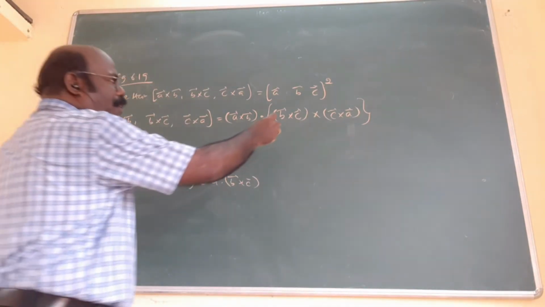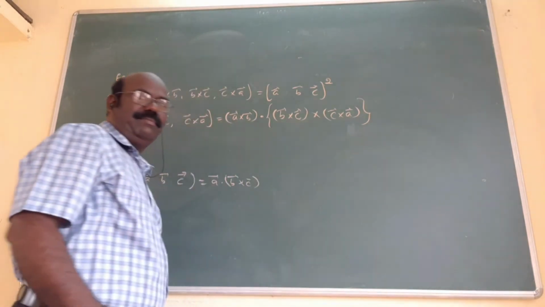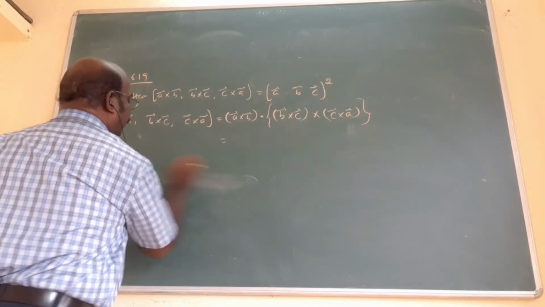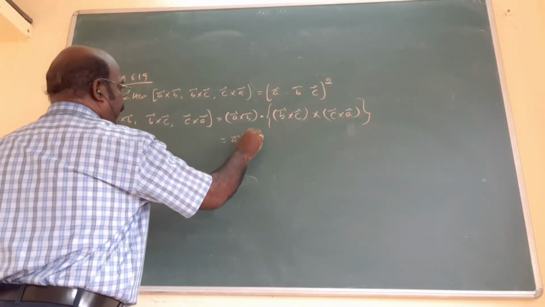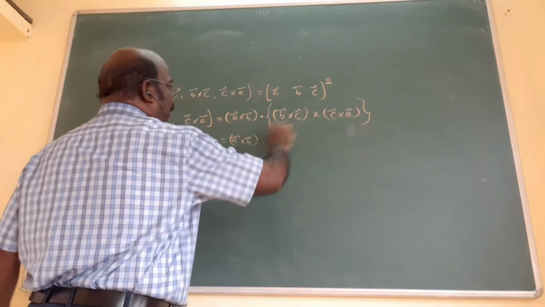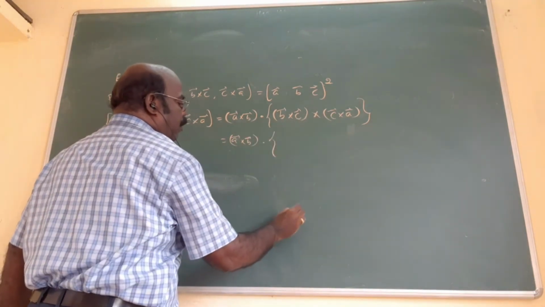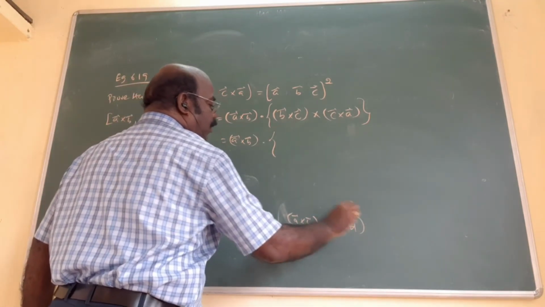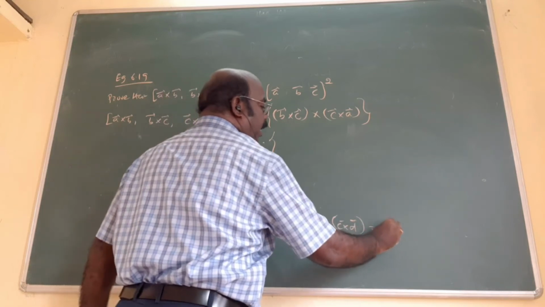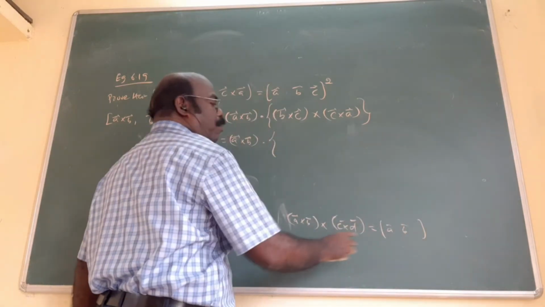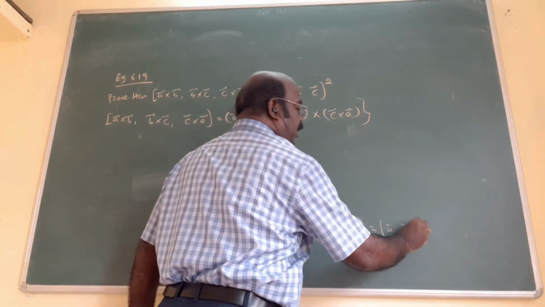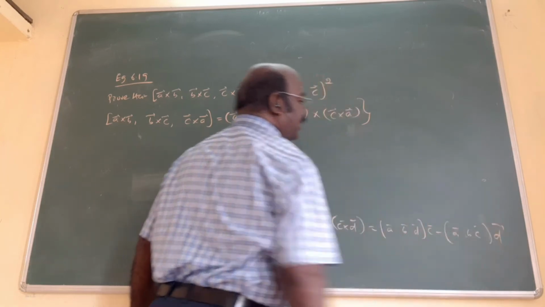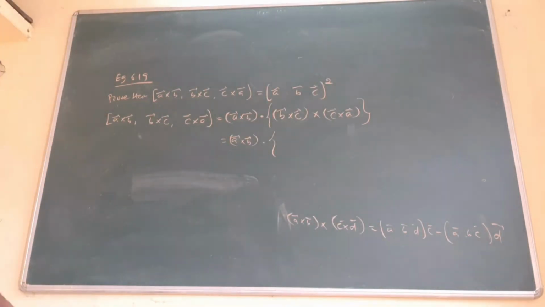Now, it is of the form of the vector quadruple product. Already you know the formula. What is the formula? A cross B, cross C cross D means: the first two, box product A, B, last one, is C vector, minus box product A, B, third one, then last one. This is the formula. Very simple concept.